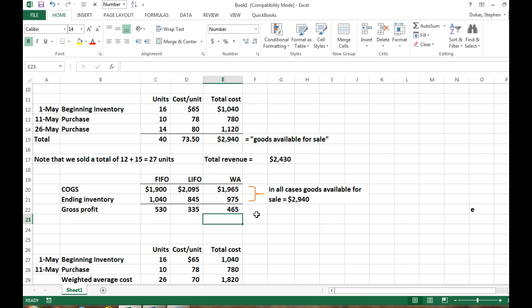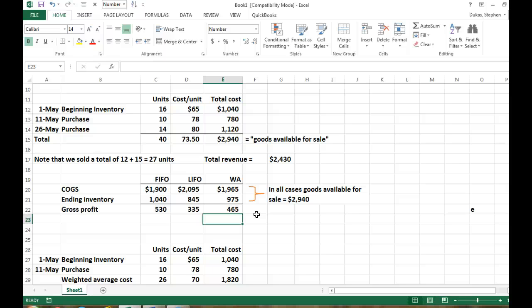Notice, cost of goods sold for FIFO is lower. Cost of goods sold for LIFO is higher, and weighted average is in between. Ending inventory under FIFO is higher. Ending inventory under LIFO is lower, and weighted average is somewhere in between.